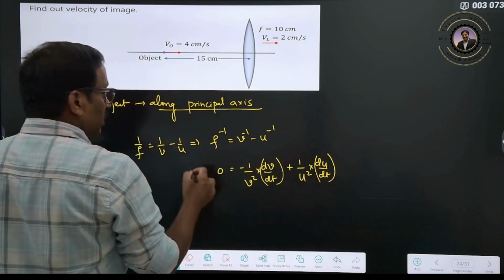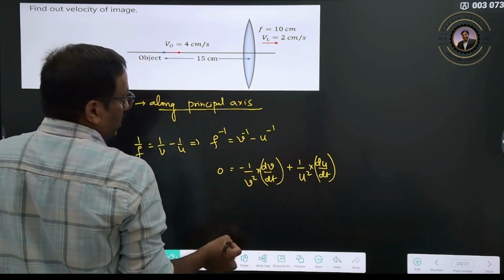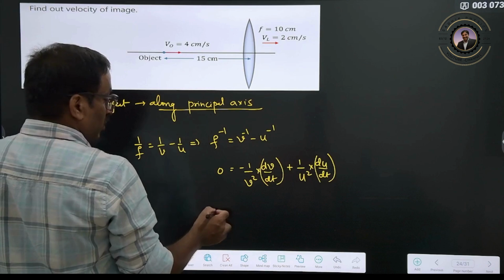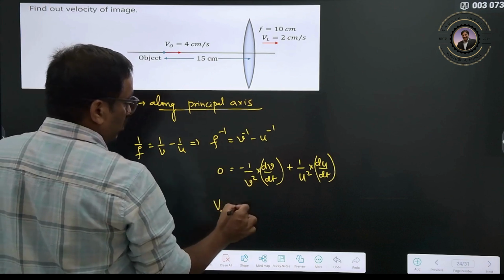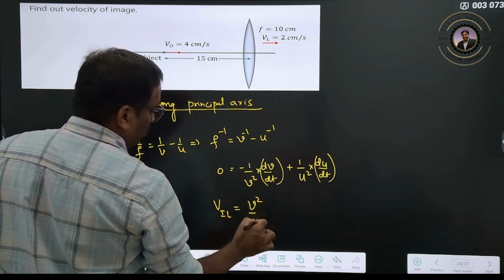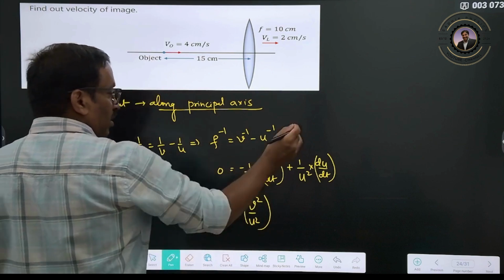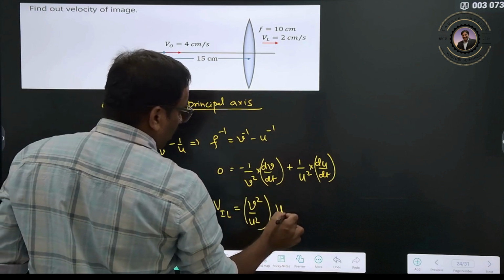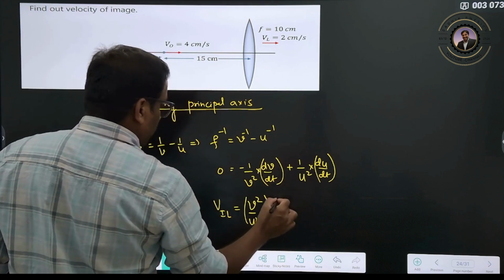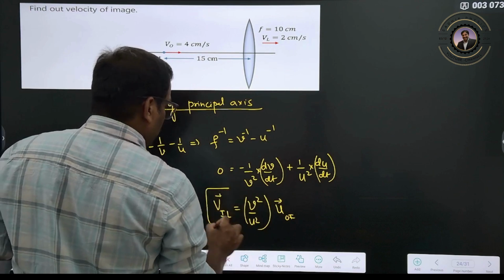dv by dt is nothing but the velocity of the image. So, this is the velocity of the image with respect to the lens. It will be equal to v square by u square, times the velocity of the object with respect to the lens.